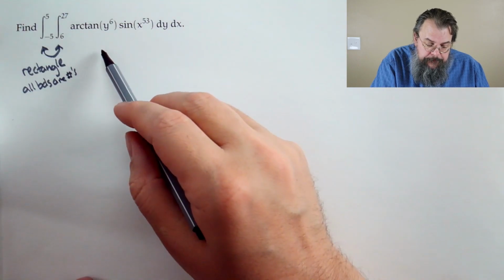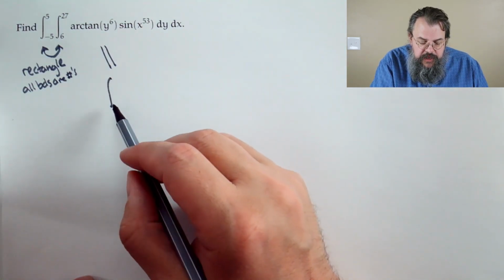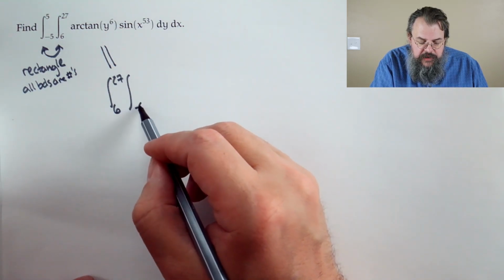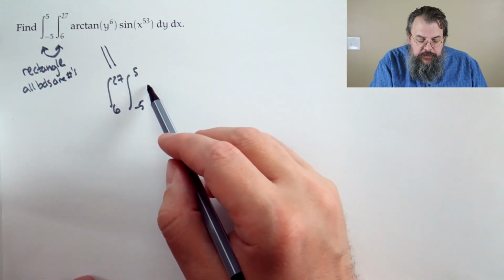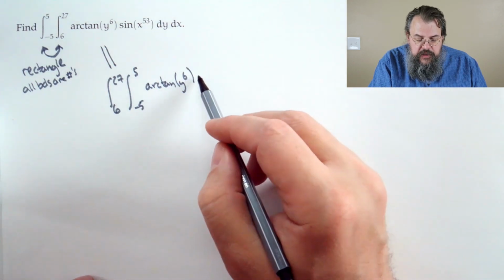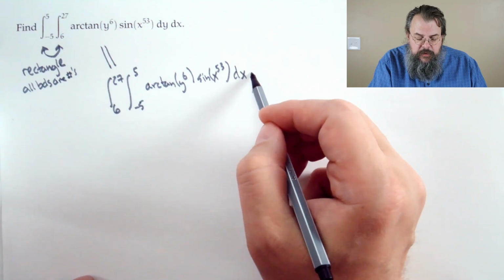So let's see. If we did change our order of integration, so that would be now 6 to 27, -5 to 5, and then we get the arctangent of y to the 6, sine of x to the 53rd, dx dy.